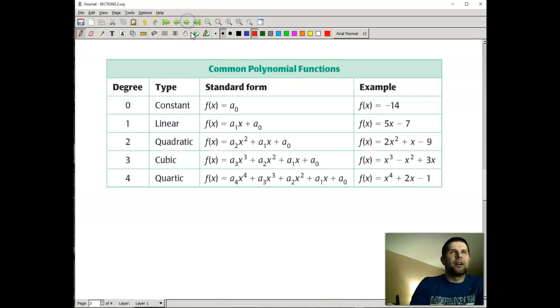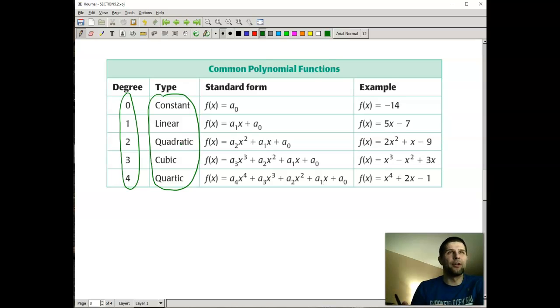All right, something that you might want to put in your notes, maybe just hit pause and write some of these things down, are the common types of polynomials and what their names are. So on the left, you can see we have the degree of the polynomial, and then what it is called. So we have constant, we have linear, which is all chapter 2 and chapter 3. We were talking about linear functions.